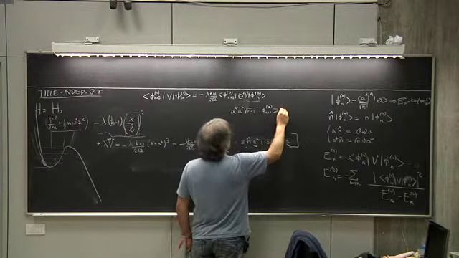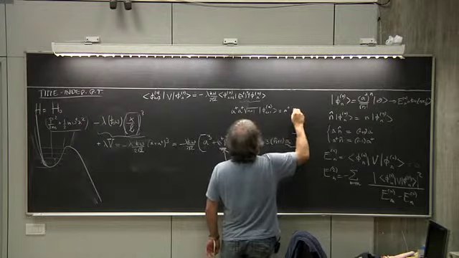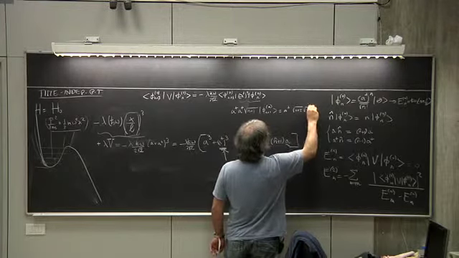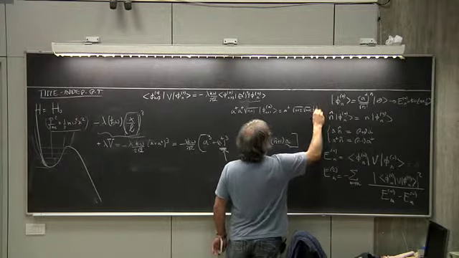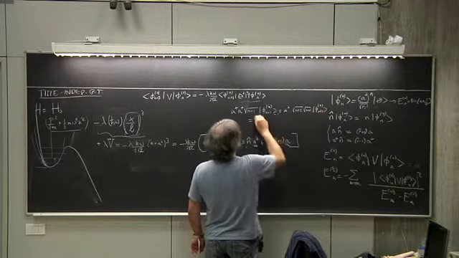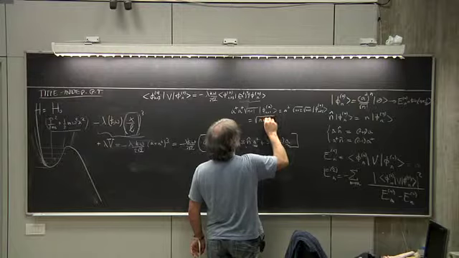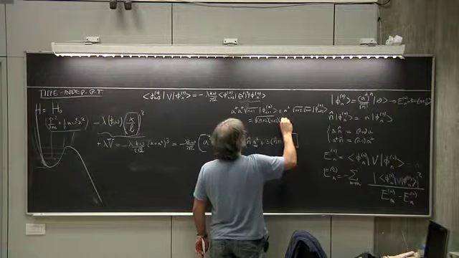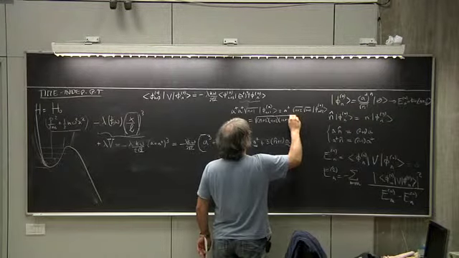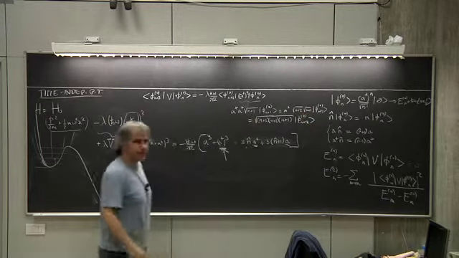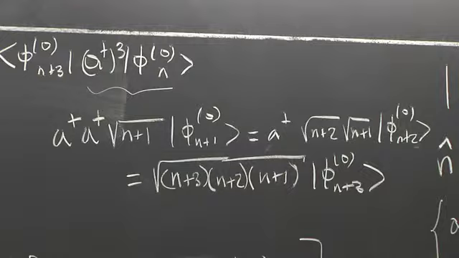The second one will give me square root of n plus 2, and then the final one will give me square root of n plus 3 times square root of n plus 2 times square root of n plus 1, and phi 0 n plus 3. Is this clear?